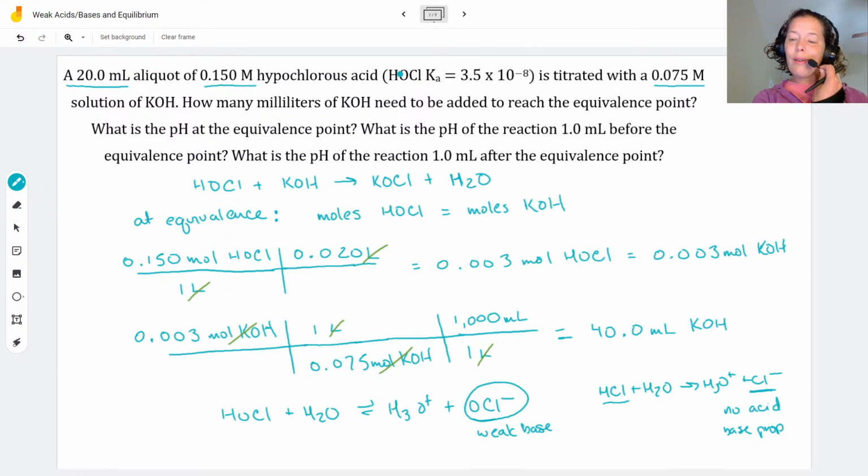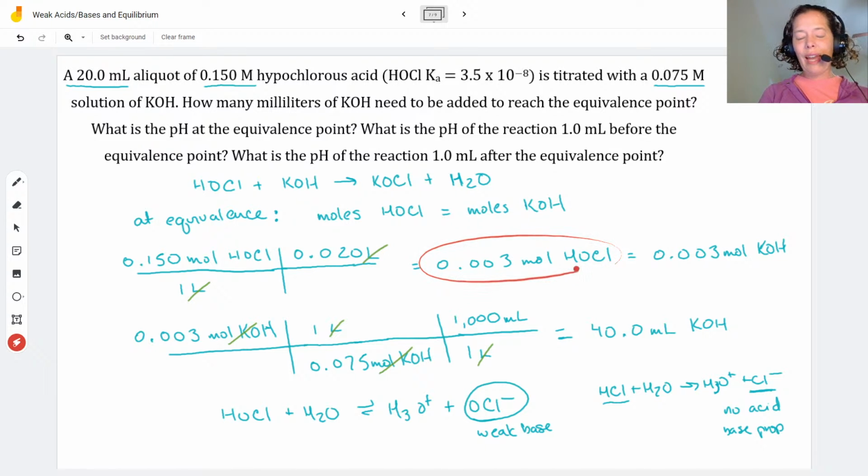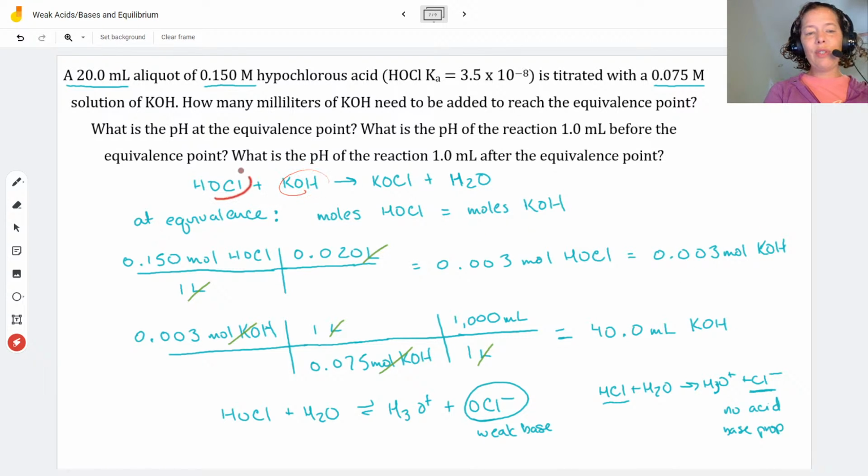I'm doing that because I have calculated my moles of acid here. So remember, this is a 1-to-1 ratio. At the equivalence point, I have used 0.003 mole of potassium hydroxide, and I have used that many moles of hypochlorous acid. So just think stoichiometrically.